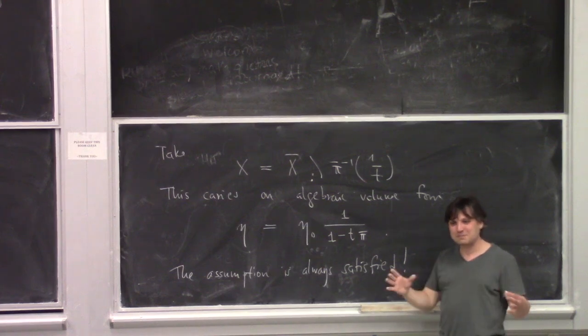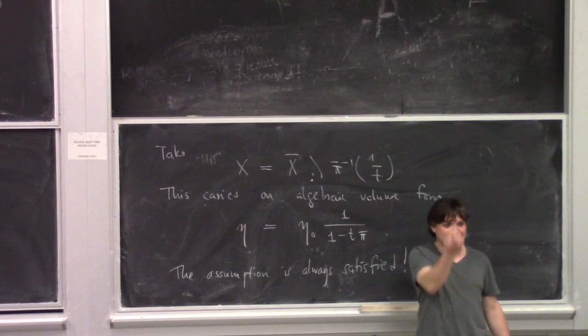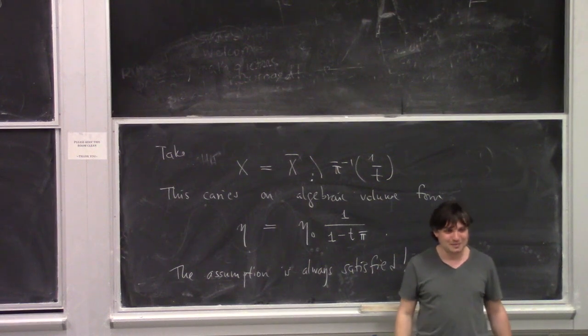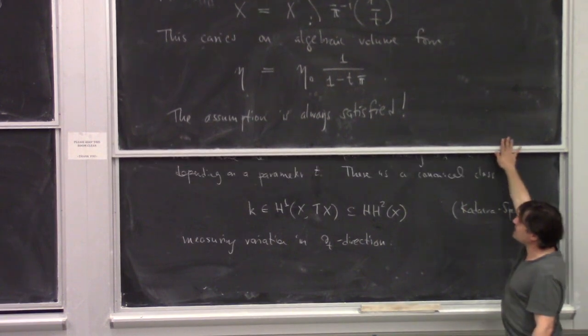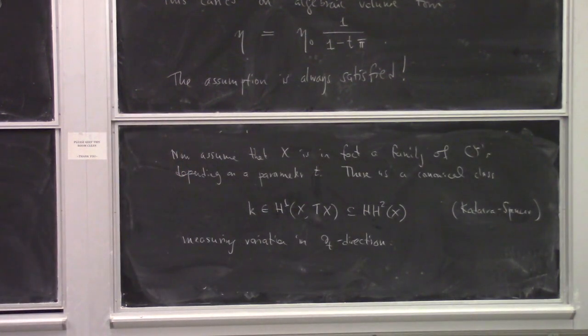Because formally speaking, there's no difference between functions having a pole at a point and functions having a pole at infinitesimally close points. I will not elaborate on this. Now let me see. So this assumption is always satisfied. In fact, even though it wasn't quite what I said, we can use the same formalism that I said here.